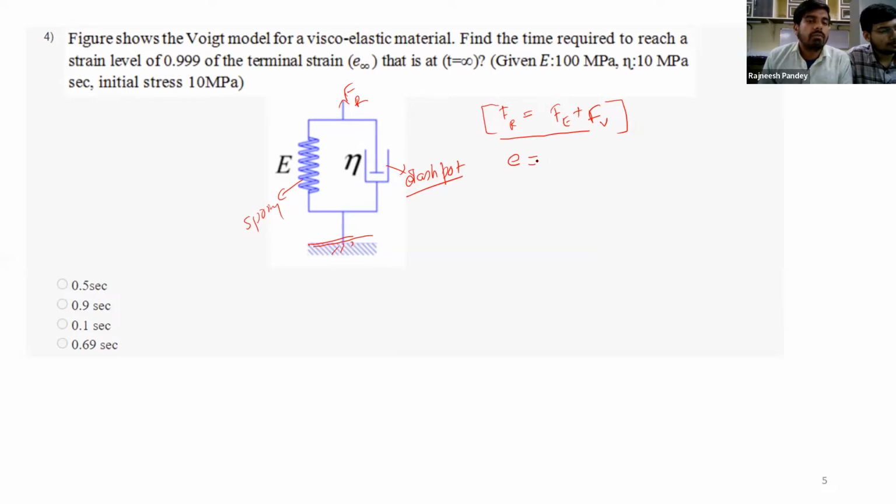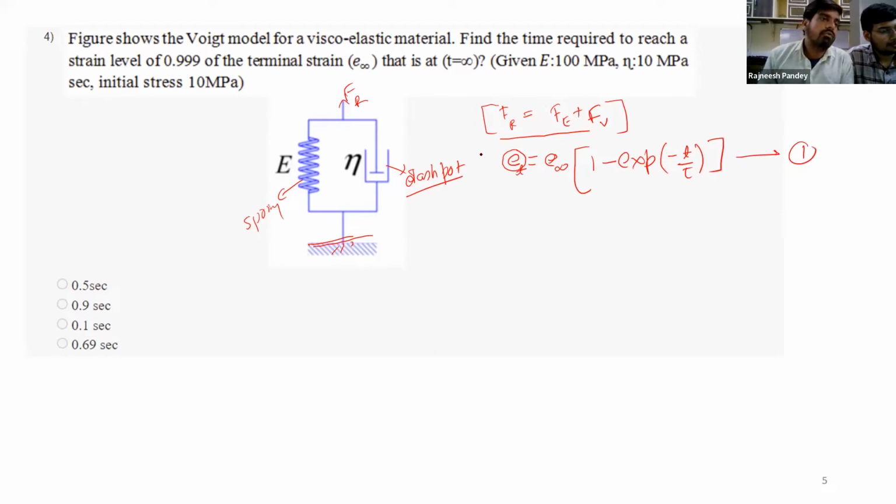So that's why we have proved the relation: E is E at time t, the strain developed in the system at time t, and E infinite is the strain developed in the system at time t equal to infinite, times 1 minus e to the power minus t divided by tau. This is the formula that we have derived in the module lectures.